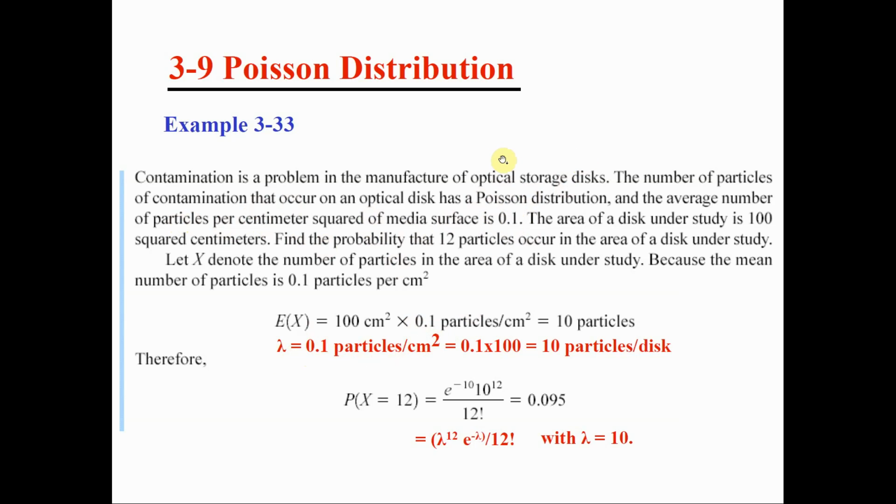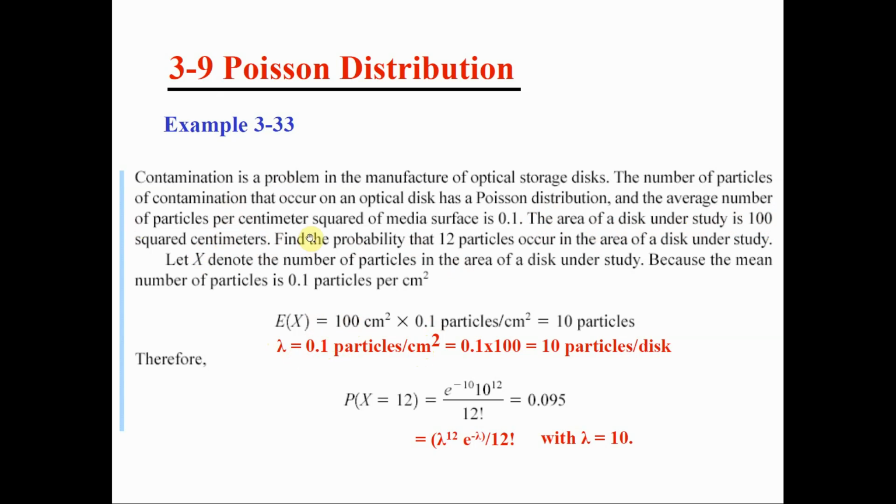So if our question is about the centimeter squared, then we use this lambda right away. But if the question is about another interval, we have to scale this lambda to obtain an equivalent lambda. What else is given? The area of the disk under study is 100 squared centimeters. So the total area of our CD is 100 centimeters squared.